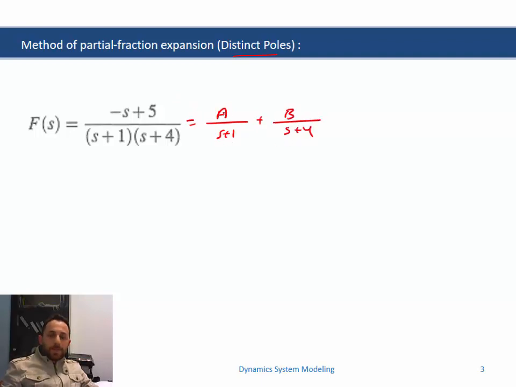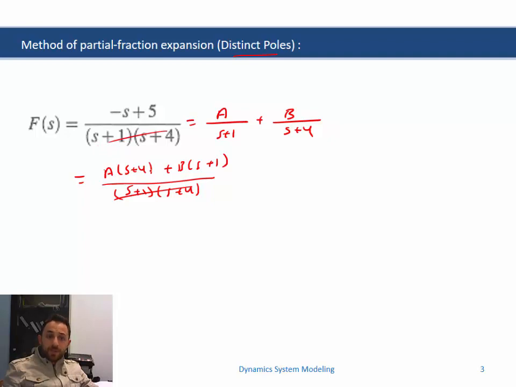Now we want to determine those two constants A and B. So you may write A times s plus 4 plus B times s plus 1 over s plus 1 times s plus 4. Then you cancel this term with this term and you reduce this equation. Then you determine the coefficient of the s and compare it with -1, and the rest you compare it with 5, and you determine A and B.